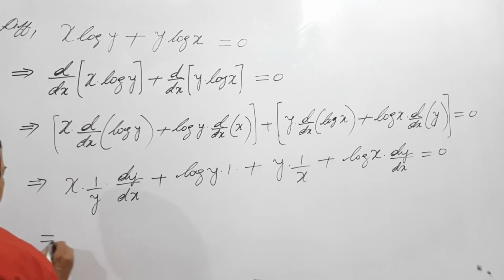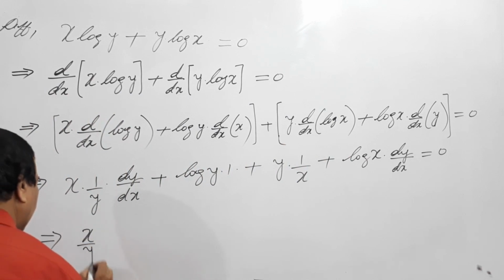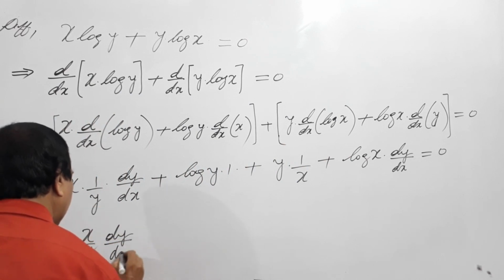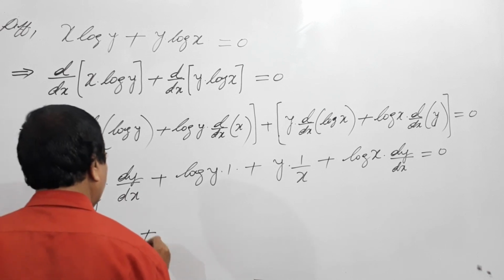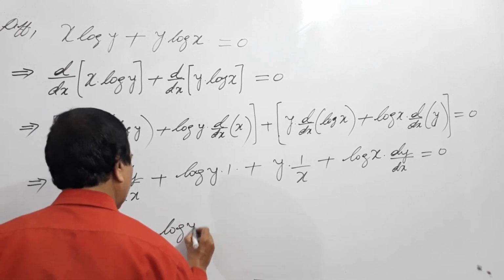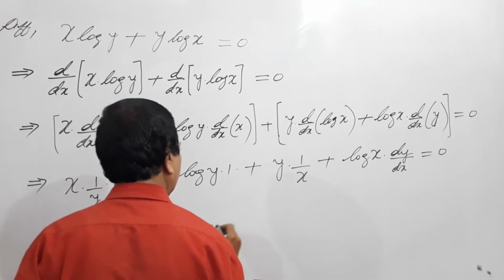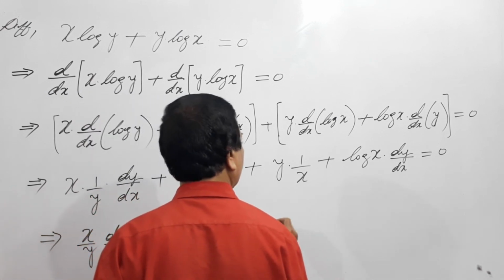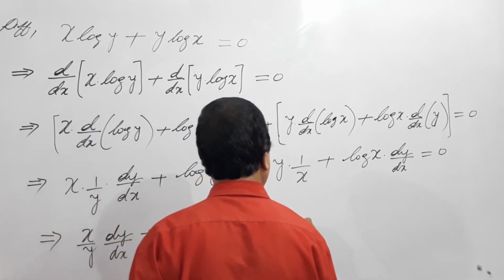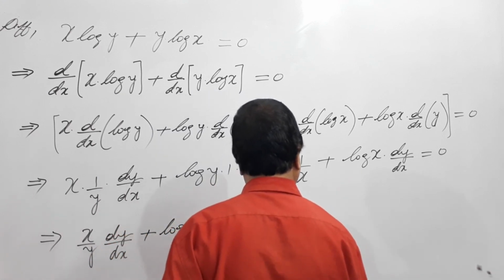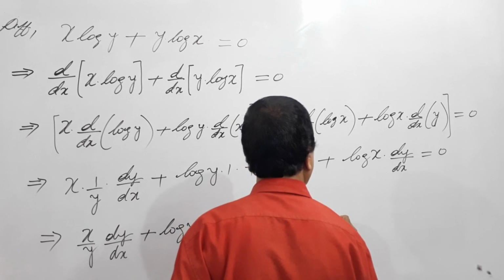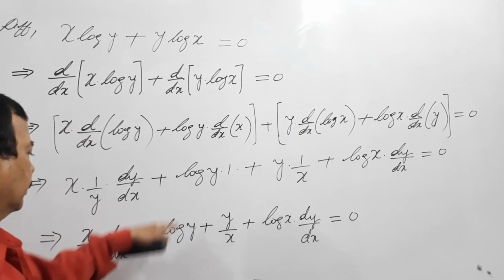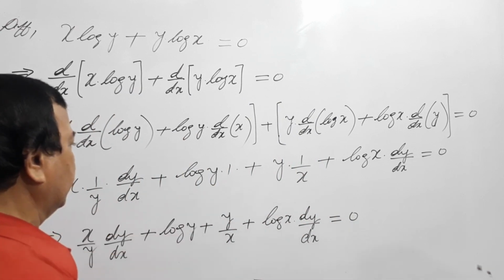So this is x by y into dy by dx plus log y plus y by x plus log x into dy by dx equals 0.